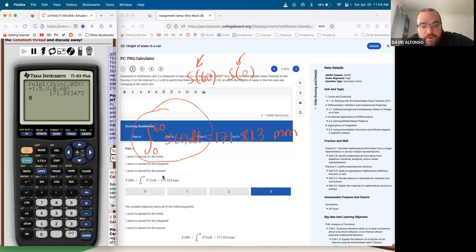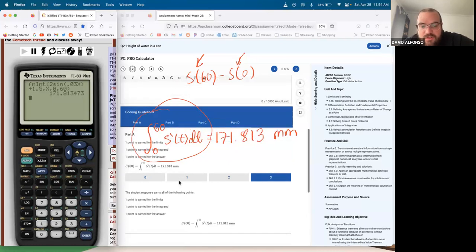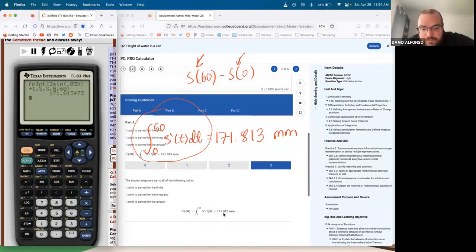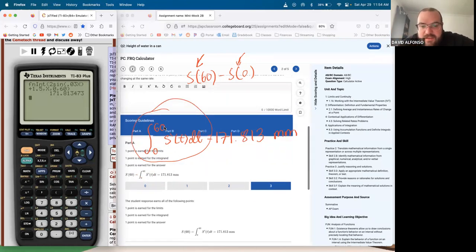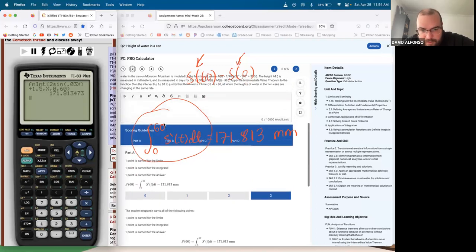And then 1 point earned for the answer, which is 171.813 millimeters. If you didn't put the units, you wouldn't have lost a point, but just be careful with that. I always be on the safe side and put units. Okay. So yeah, I would have made this just 2 points, but I guess they were looking for another place to give a point. Okay.